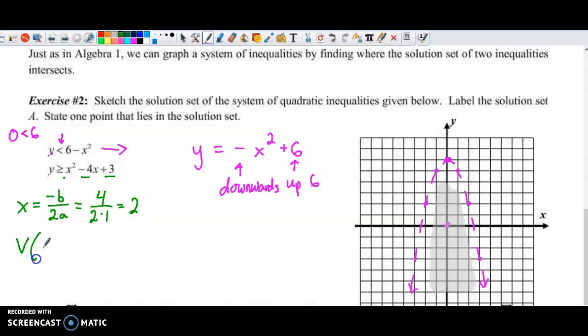So my vertex is going to be located at x equals 2. Well, if I plug it back into the original problem, 2 squared is 4, minus 8 is negative 4, plus 3 is negative 1. So 2, negative 1 would be the bottom of my vertex. I'm just going to put a V there.